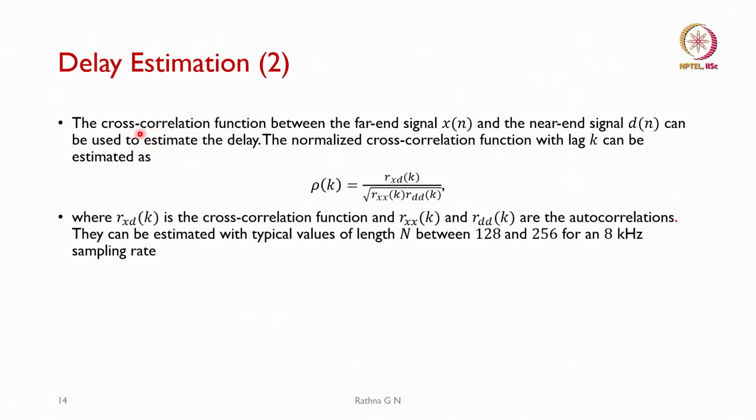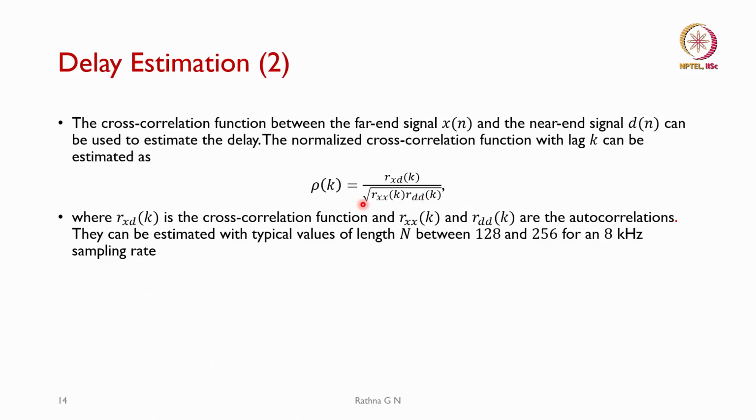One way is using the cross correlation function between the far end signal x(n) and the near end signal d(n) to estimate the delay. We have derived the normalized cross correlation function, given by rho(k) equal to r_xd(k) divided by the square root of the product of the autocorrelation of x, that is the input signal, and the autocorrelation of d, the desired signal.